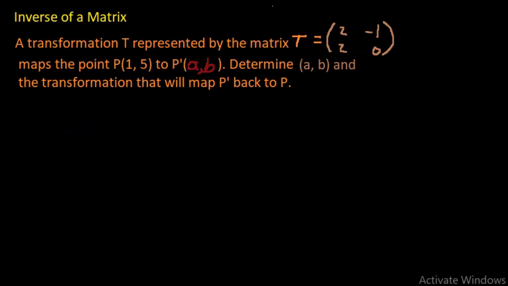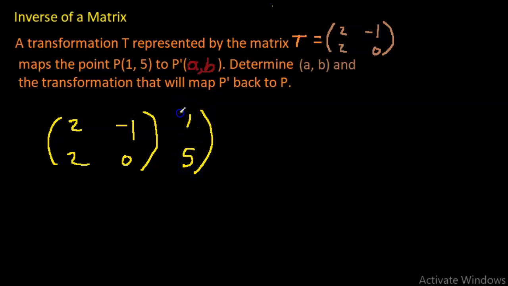It means that when you multiply the matrix [2, -1; 2, 0] to the point (1, 5), it gives you the point (A, B). So this matrix maps (1, 5) to a particular point, and we're asked to find that point.